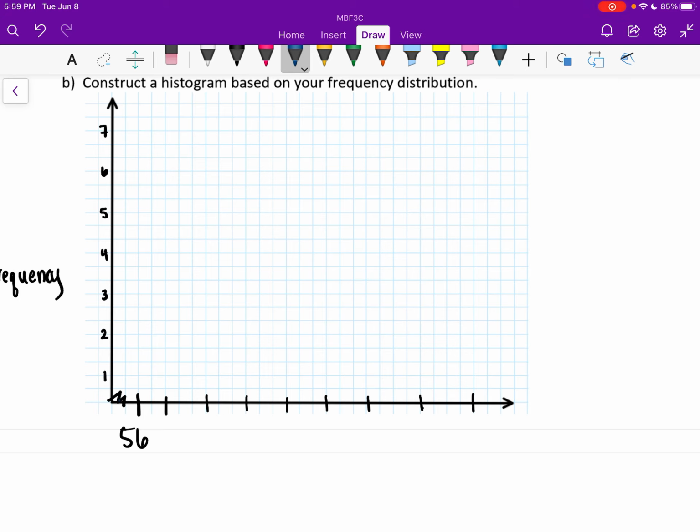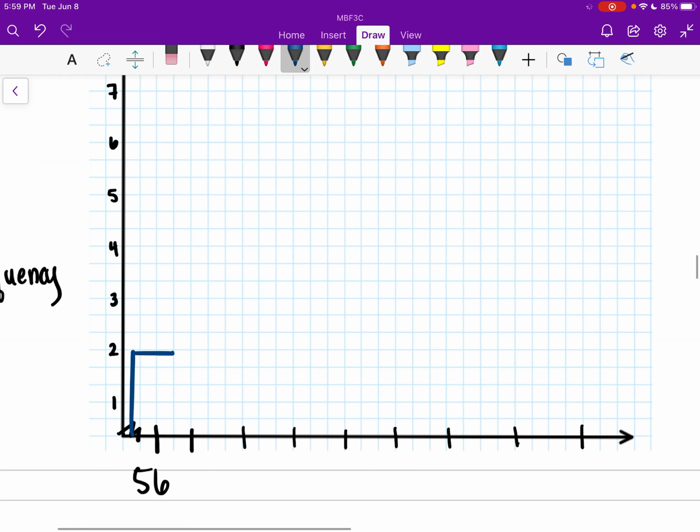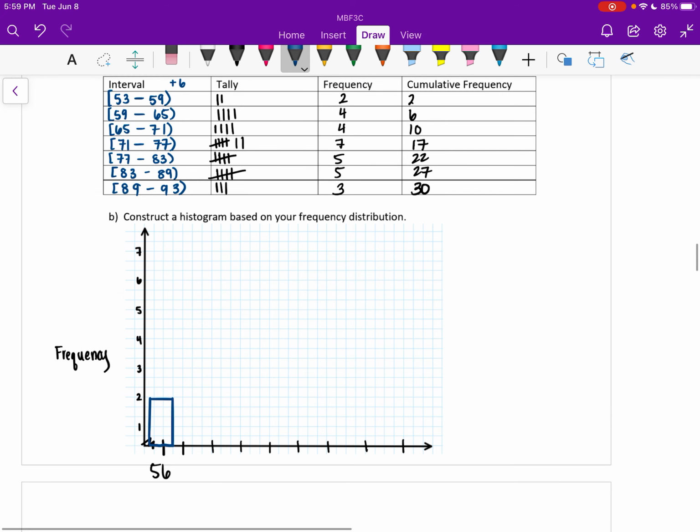We left a little gap there because it didn't start exactly at 2. Now it's exactly like drawing a bar graph. So measure up to 2, and that is my first bar of my histogram. And then you can just color it in. I'll do that after. It's a lot more work for me to color it in on my iPad.